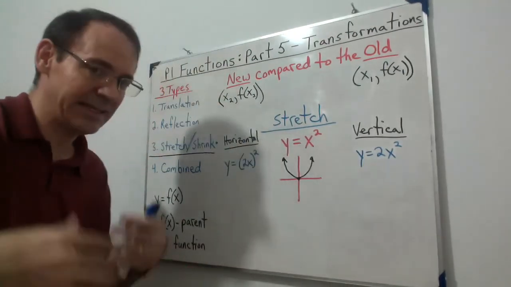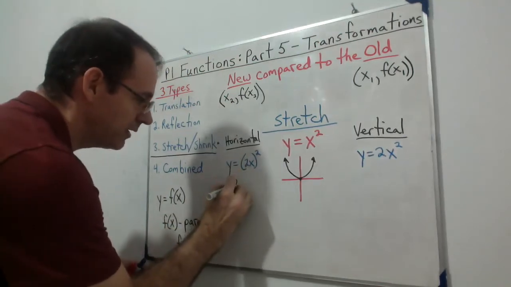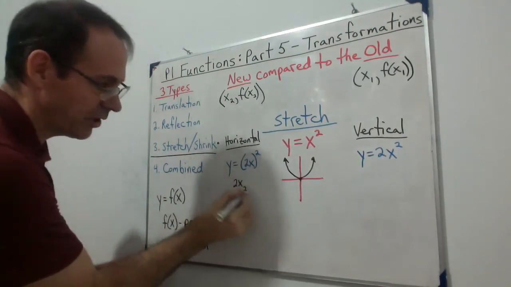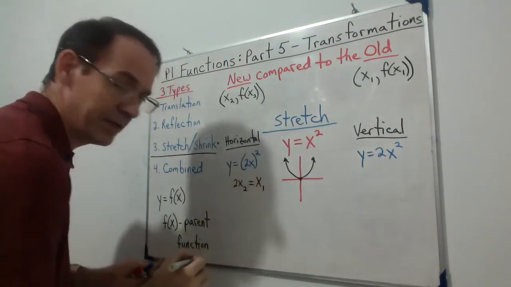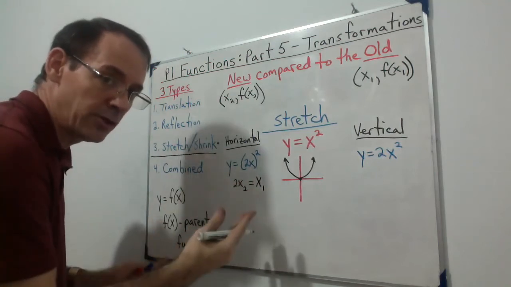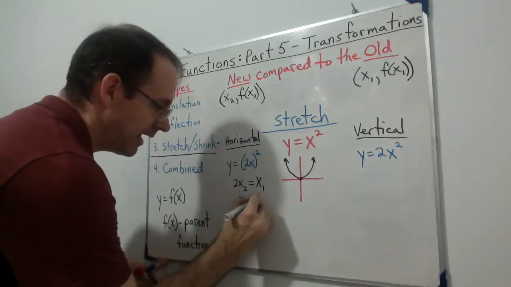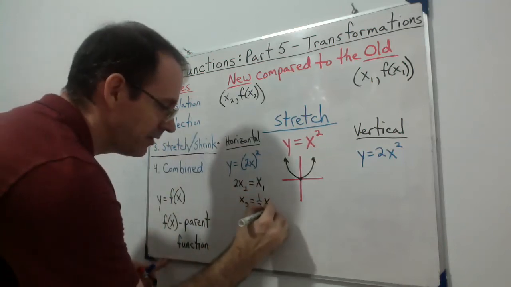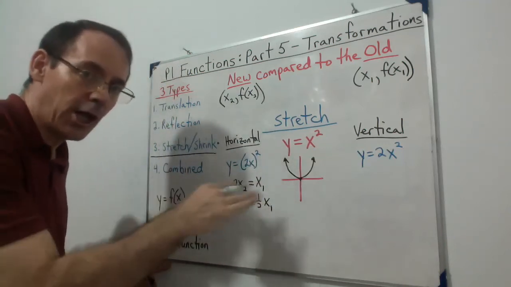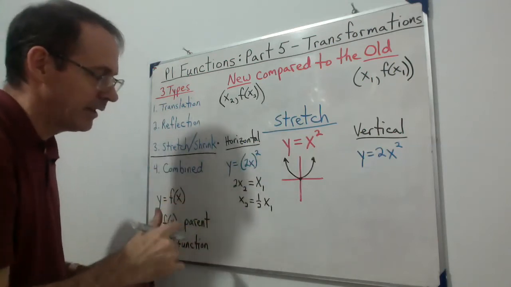So let's look at the algebra part first. Our 2x, this is our new function, replaced the old x. What we're looking for is actually a shrink or a stretch of 1/2 the original along the horizontal. Okay, that's what we're looking for.